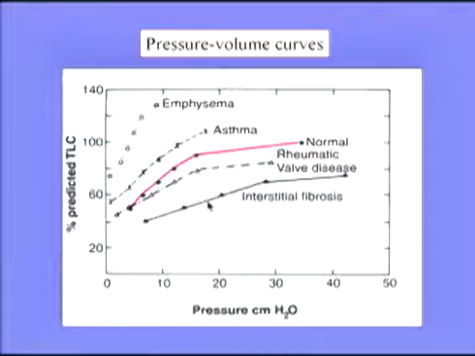Another interesting feature about this plot is that the intrapleural pressure at TLC is very, very high. Now, if we put intrapleural pressure here and the alveolar pressure is atmospheric, then of course these are negative numbers here. So the intrapleural pressure goes to a very negative value in interstitial fibrosis, and sometimes people use this as a test.